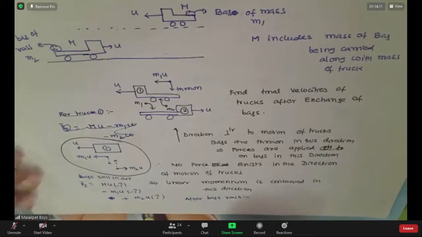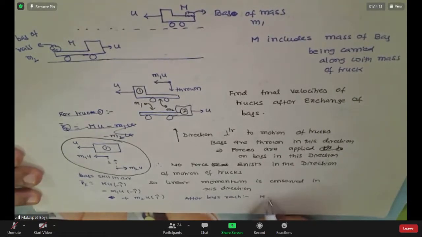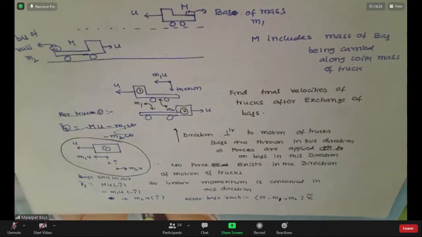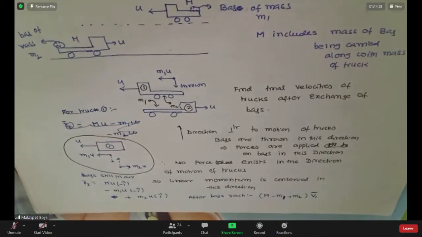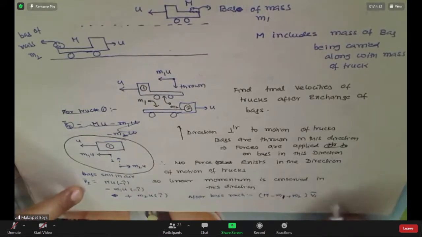Now, after the bag reaches, what is the momentum? This truck has lost this and gained this. Do you agree with this? Yes, sir. This is the velocity after exchanging. Any doubt in this? Now you can conserve this, no?